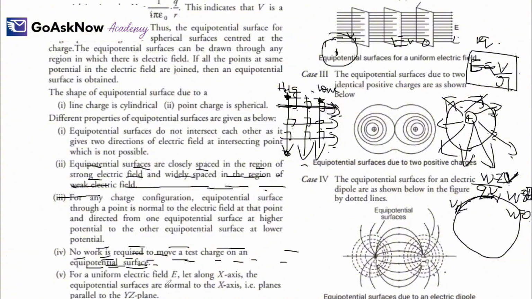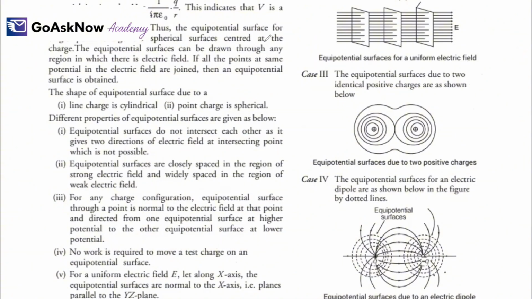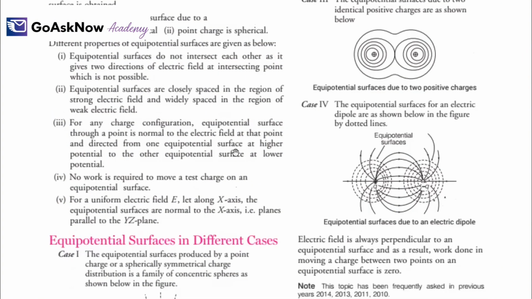For a uniform electric field, capital E, this is the fifth property of equipotential surfaces. For a uniform electric field E, let it be along the x-axis; the equipotential surfaces are normal to the x-axis, that is, planes parallel to the YZ plane.